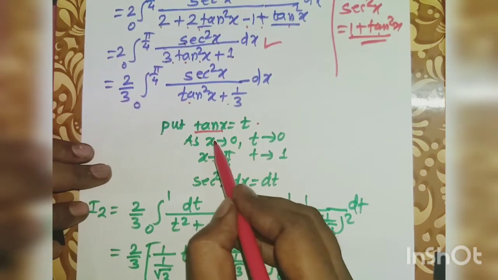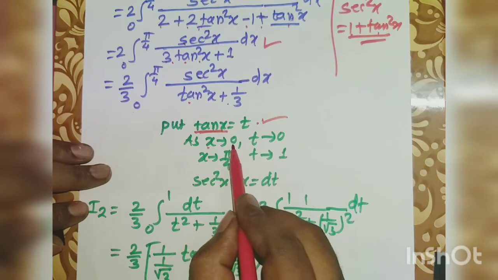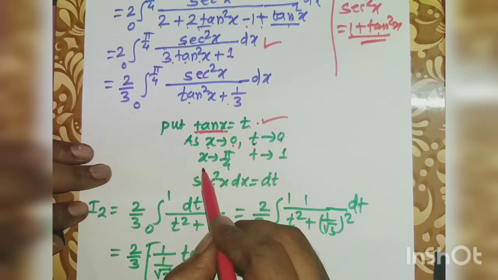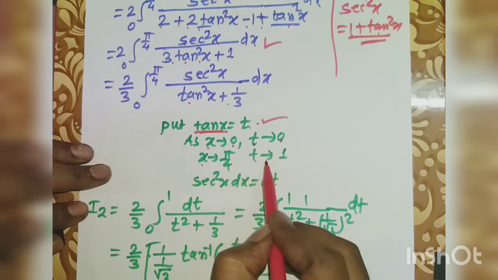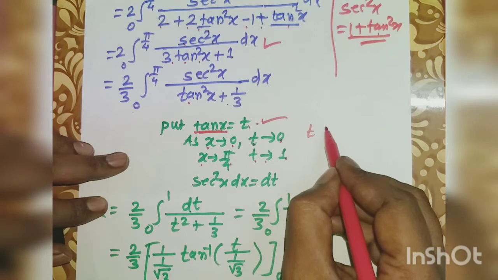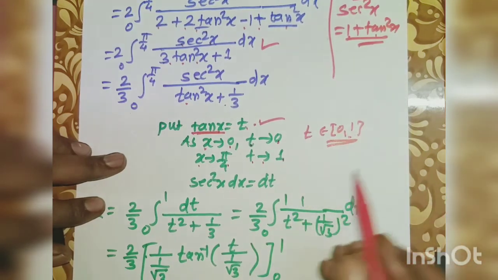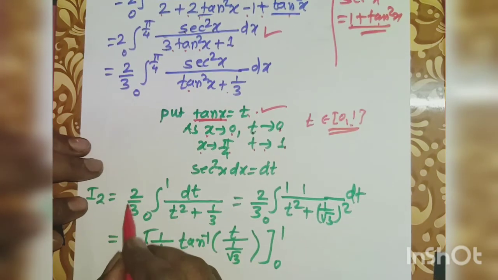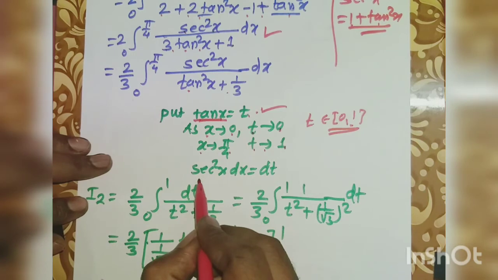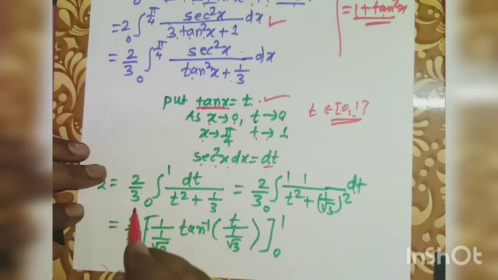After changing the variable, the limit also changes. As x tends to 0, t tends to 0, since tan 0 is 0. As x tends to pi by 4, t tends to 1. That means the variable t belongs to 0 to 1. Also, if we take its derivative, then sec square x dx is equal to dt. That means the numerator is dt.